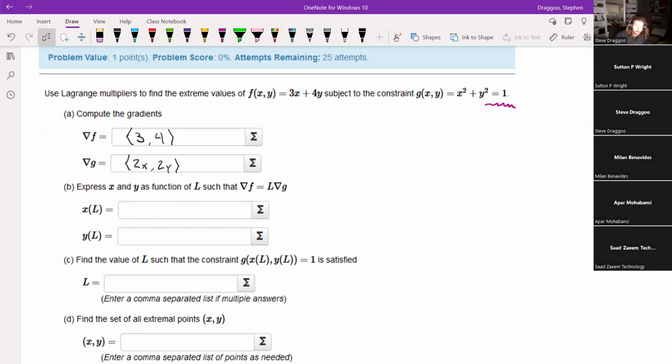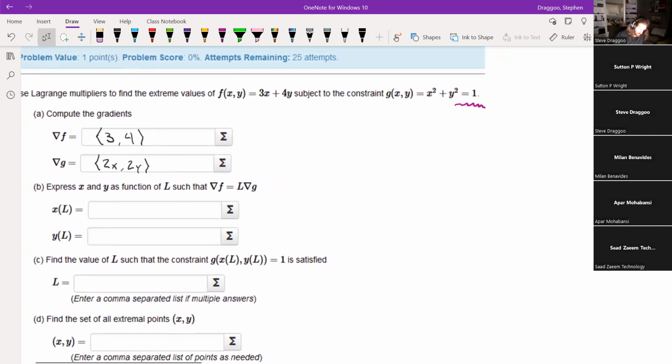But if I were to set up the equations that this gives me: grad f equals, we usually call it lambda, but oftentimes in WebWork it's L. There's no difference between the two, just one is easier to type.